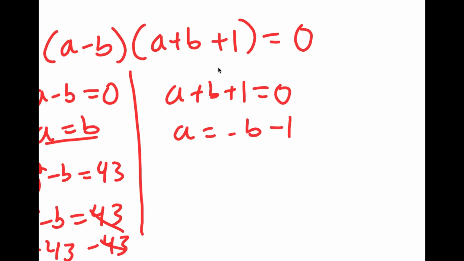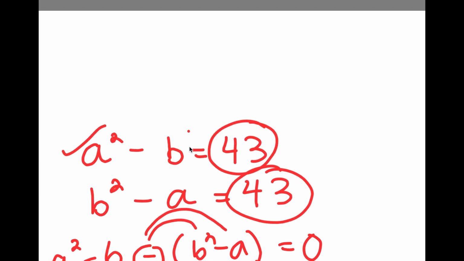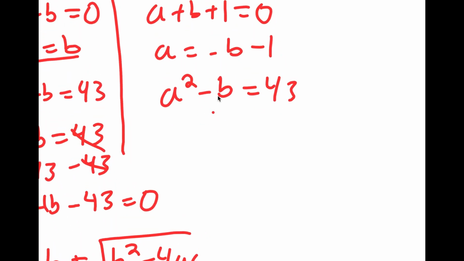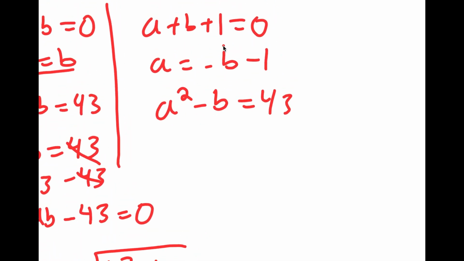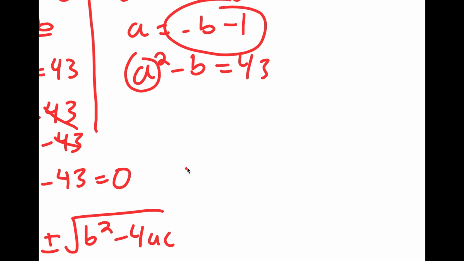Now, for this equation, we get a is equal to negative b minus 1. And remember how we had a squared minus b is equal to 43. This was our first equation. And using this equation, I'm going to rewrite a as negative b minus 1.